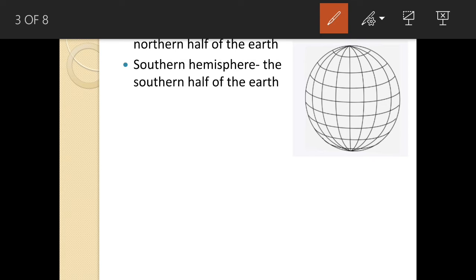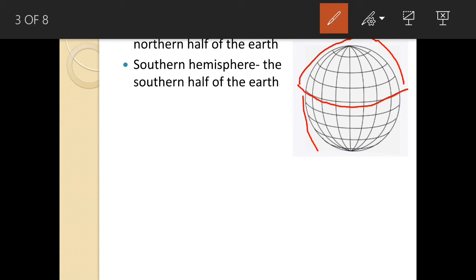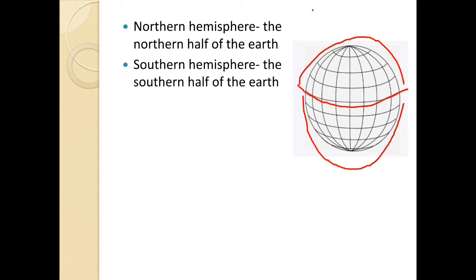Consider it as a globe and consider this line that divides this globe into two equal halves as the equator. The northern half of the earth, or the area above the equator, is considered as northern hemisphere, and the southern half of the earth, or the area below the equator, is considered as southern hemisphere.